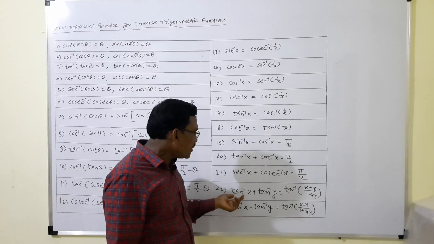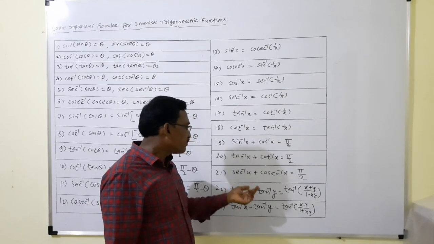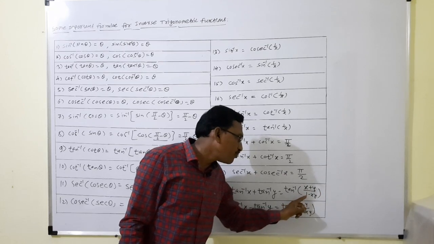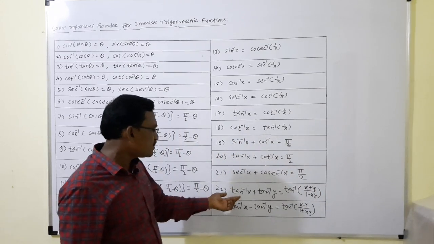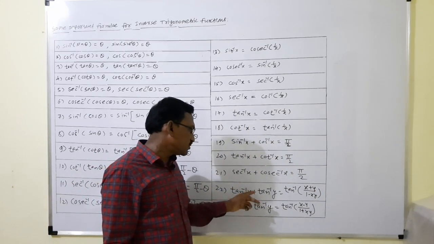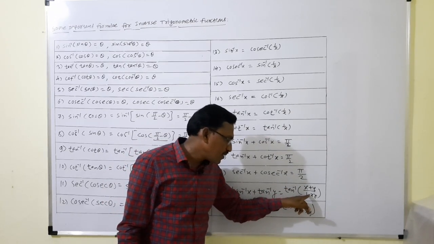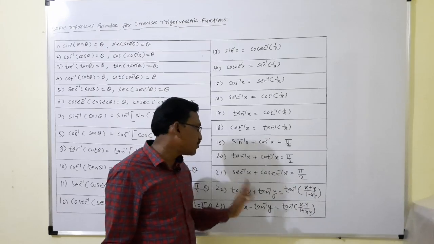Next, tan inverse of x plus tan inverse of y is tan inverse of x plus y upon 1 minus x into y. In this formula, there is a plus sign, again here is also plus, in the denominator there is a minus sign, there is a change only.